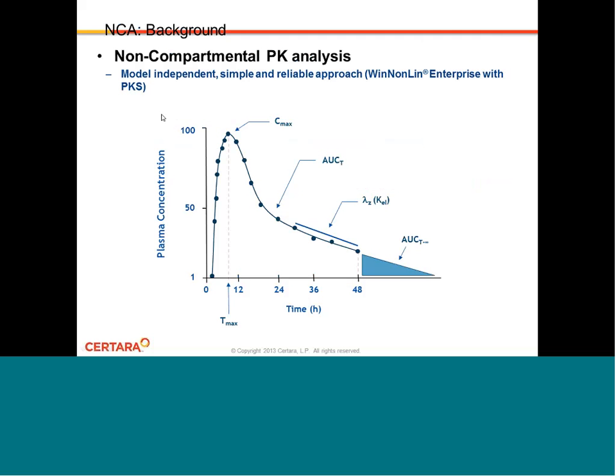So in this example slide, looking at a PK profile, obviously this is a very rich profile, but this is useful to illustrate some of the key parameters that get calculated by NCA.